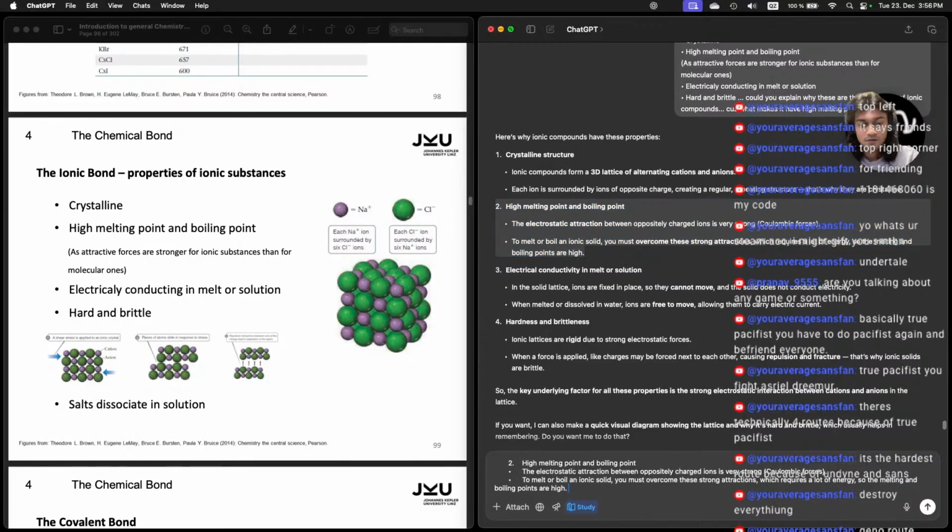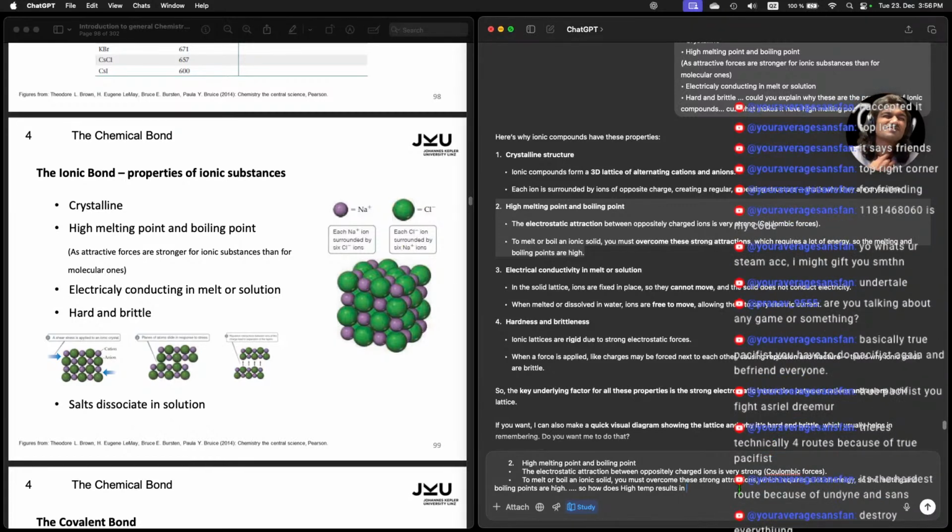So how does high temp result in overcoming this electrostatic force that formed due to the electron shift?